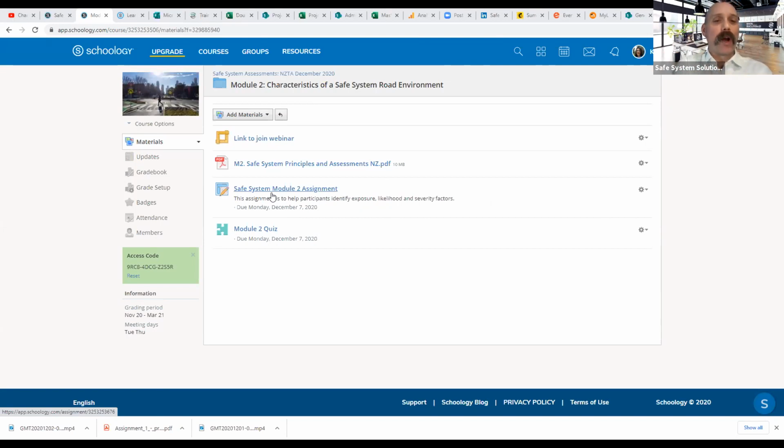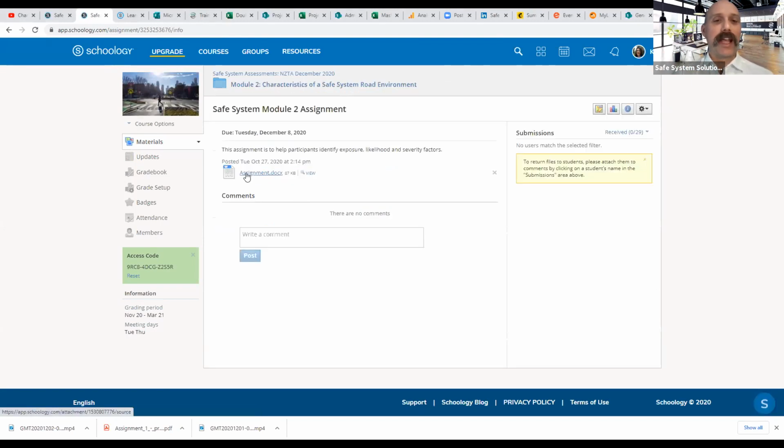And this is what I want you to do in your assignment: analyze areas for things that influence exposure, things that influence likelihood, things that influence severity. And so you can see there, Kathy's gone to the Module 2 assignment in Schoology, found that Word document, downloaded it and hopefully opened it up.